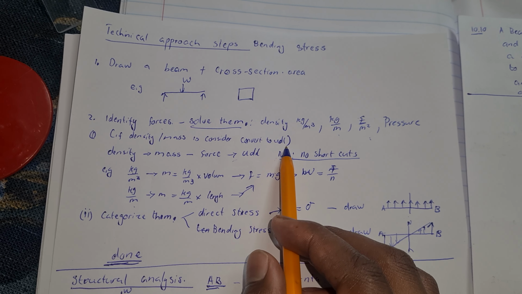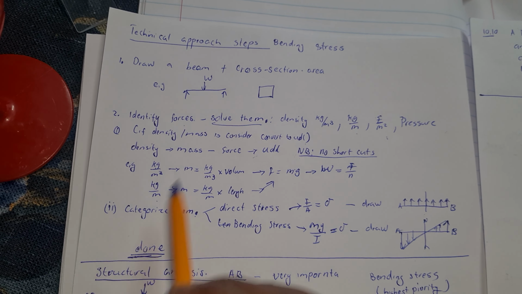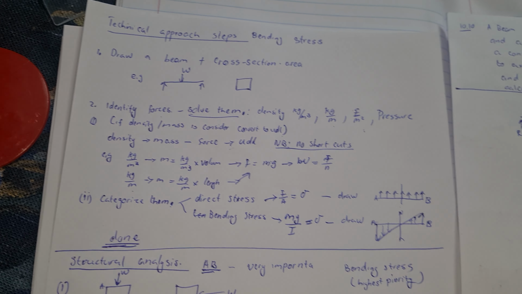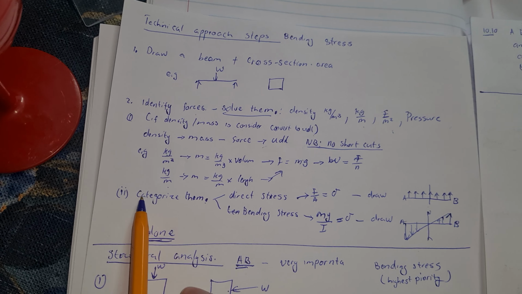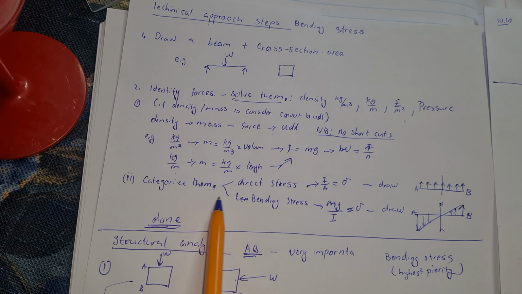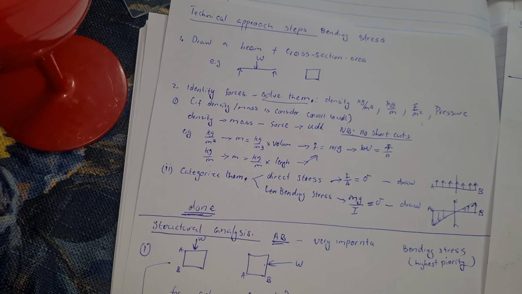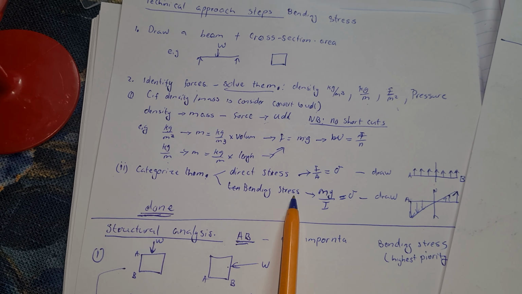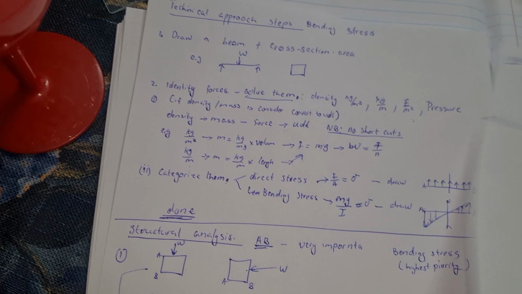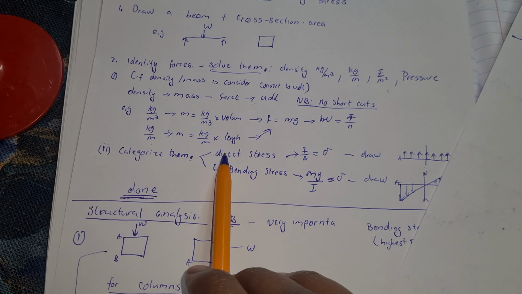We convert them to UDL, and then this is the form we use. In this case, there's no UDL, so we skip this stage. Then we are here, categorize them. They are saying here it is either direct or bending, right? It's very important. We always start with direct.